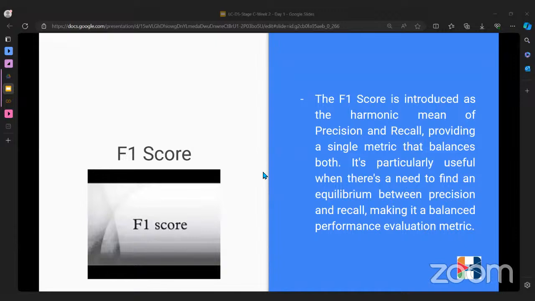So the F1 score provides a more holistic view of model performance than either metric alone. This is an example of an industry that needs both recall and precision, so they'll be looking at the F1 score to know how well a model is performing.